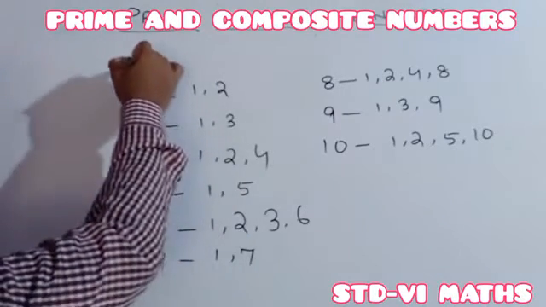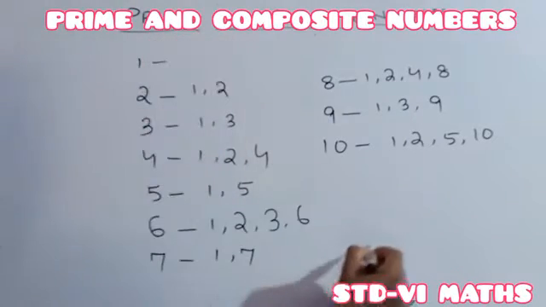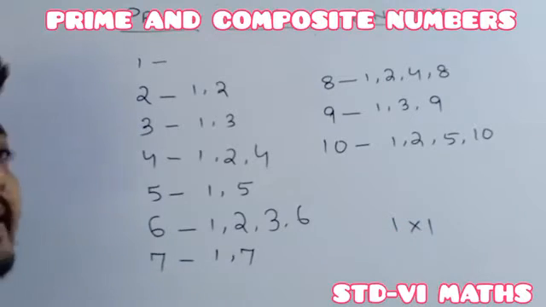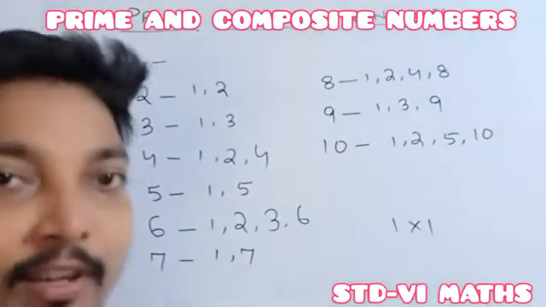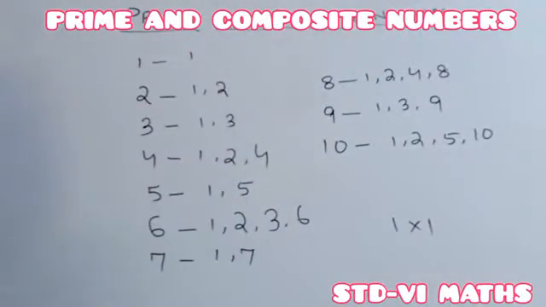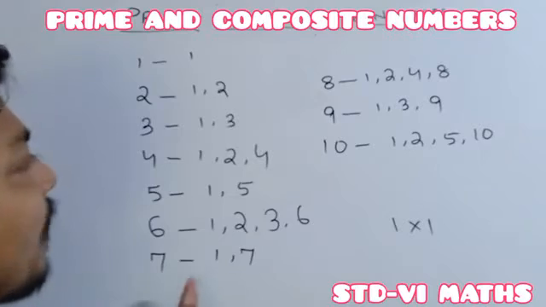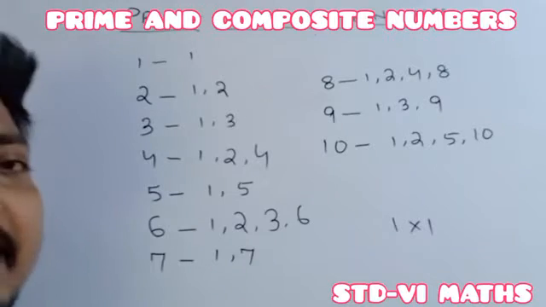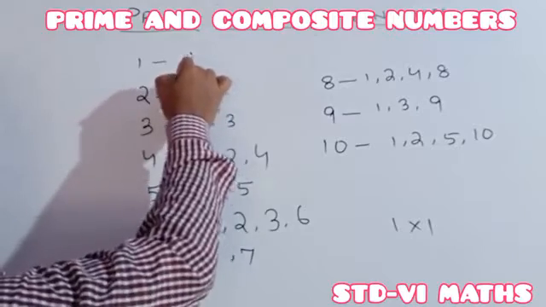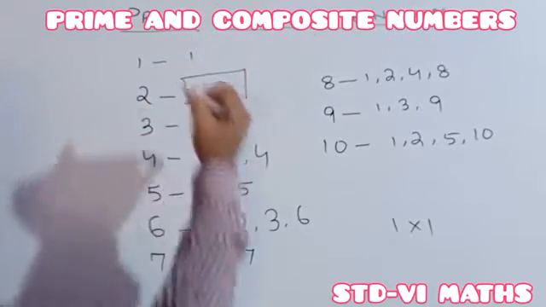And see, the first number is 1. Its factor: 1 can only be written as 1 into 1, and in a single step its factorization stops. So 1 has only 1 factor. See, from the number 1 to 10, one thing is observed: a few of the numbers have 2 factors.